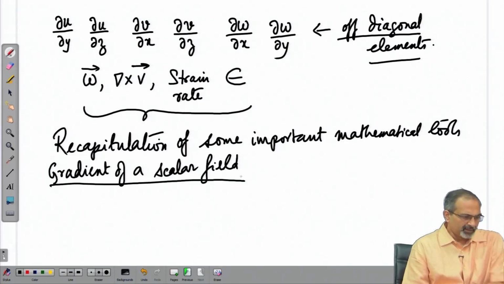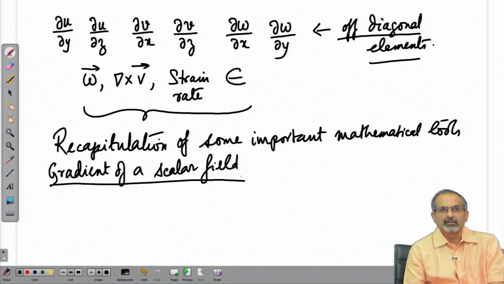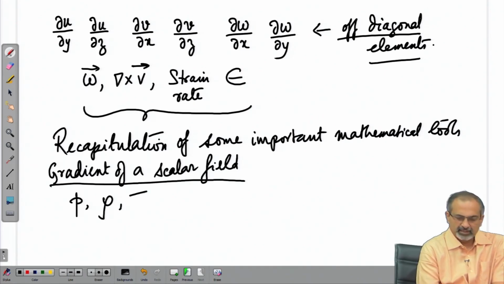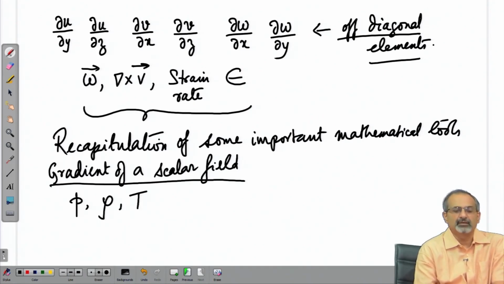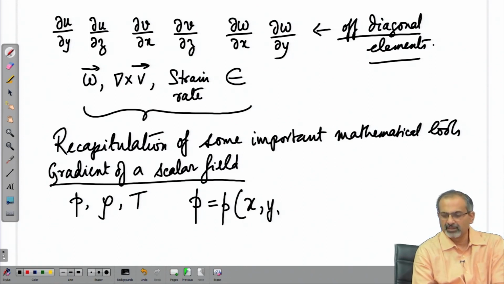We know that different scalar quantities are of interest in aerodynamics. They include pressure, density, temperature, to name a few. There are many more. If you take pressure for example, in a 3-dimensional flow field which is steady, then pressure would be a function of x, y, z.